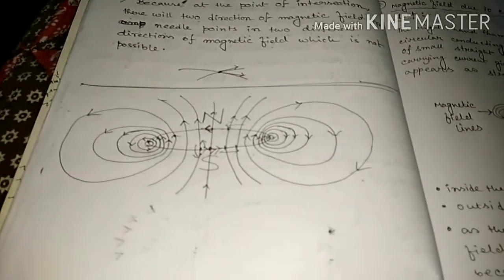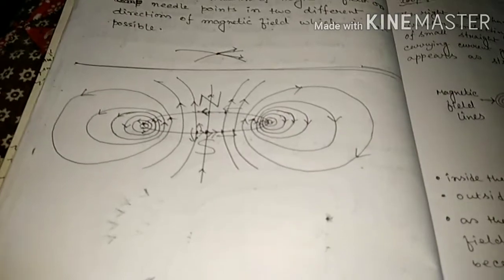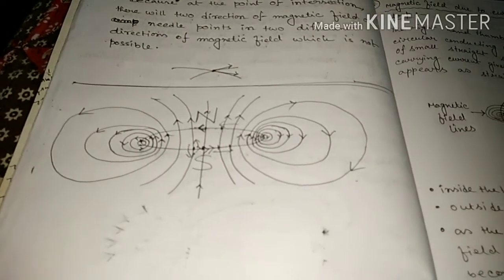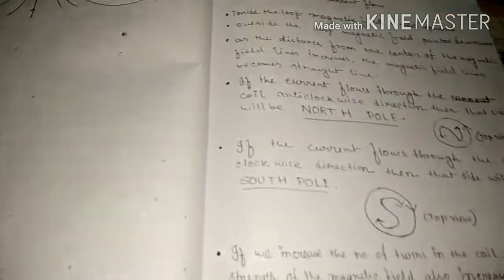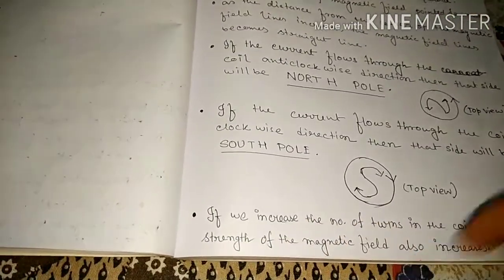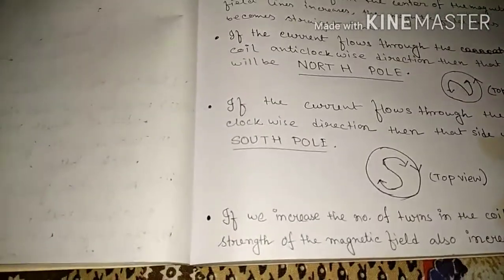The magnetic field produced by 2 turns is less powerful than with 10 turns. So the first way: if we increase the number of turns in the coil, the strength of the magnetic field also increases.